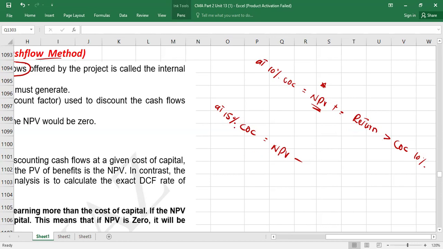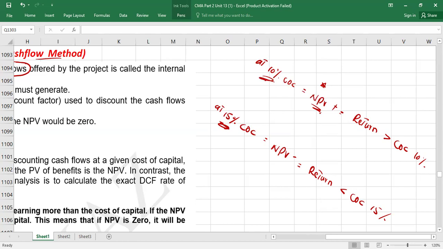For example, we calculated another NPV at 15% cost of capital. At 15% cost of capital, our NPV was negative. And negative NPV implies that our return is less than cost of capital, which I'm assuming here is 15%. Here I assumed 10%, where NPV was positive.